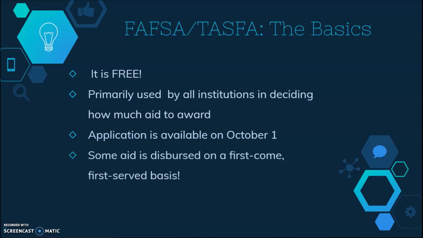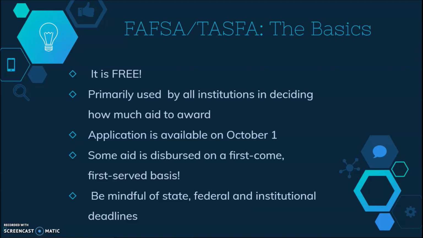Other important things to know is that some aid is distributed on a first-come, first-served basis, meaning that once a student has applied and been accepted, some aid will be distributed to students based on date of acceptance and receipt of financial aid application. In addition, be aware of state, federal, and institutional deadlines for both merit-based applications and need-based aid. This information can be found on individual institution websites.